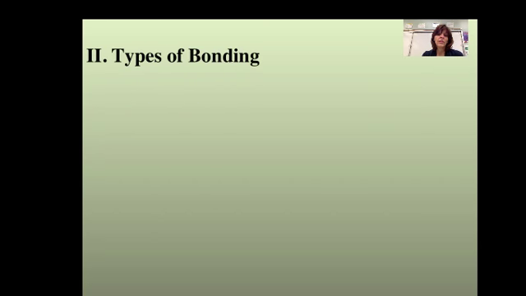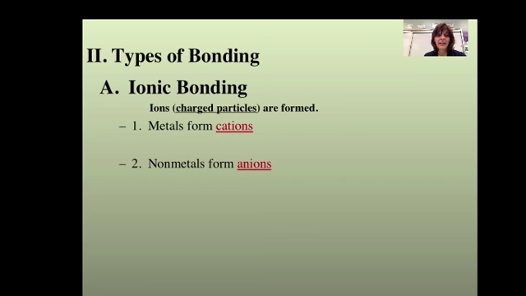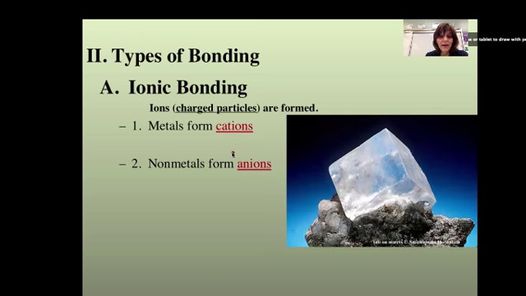Okay, there are 3 different types of bonding that we're going to focus on. The first one we're going to talk about is ionic. This happens when the ions are formed. Metals form cations, non-metals form anions. I like to think of that as being a cat-ion.